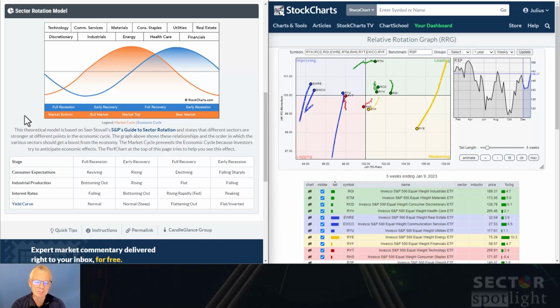Now, for this occasion, I want to switch to the equal weight sectors, because obviously the sector rotation model is addressing the broader economy, and the S&P 500 and the SPDR sector ETFs that we usually use to track the market are cap weighted, as you know, and they are heavily influenced by a number of mega cap stocks.